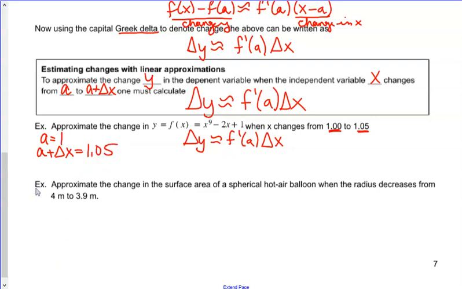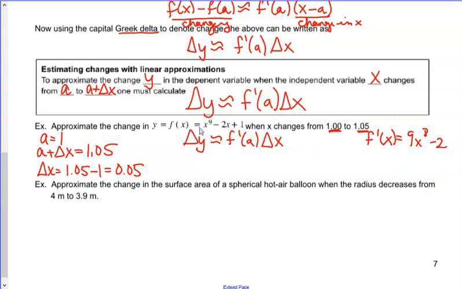Now, how do we determine our change in x? Well, if these are my x values, to determine a change in x, I have to take the difference of those two: 1.05 minus 1, which is 0.05. I need that for delta x. But I also need the derivative of my function, evaluated at my a value of 1. So let's do that over here. F prime of x, in this case, is going to be 9x to the 8th minus 2.